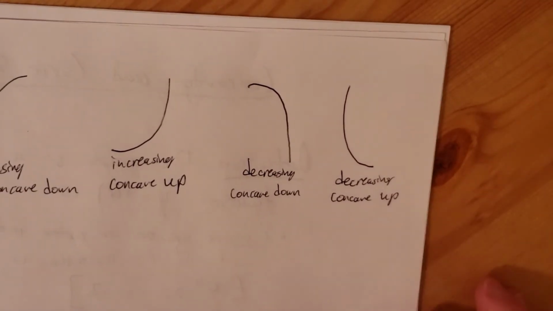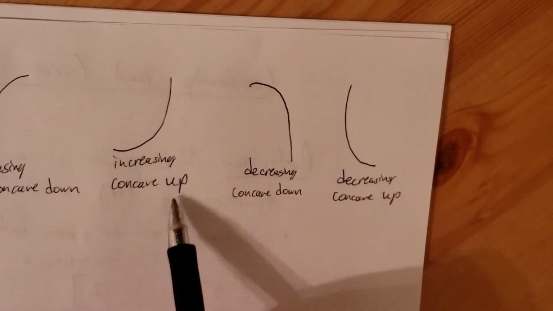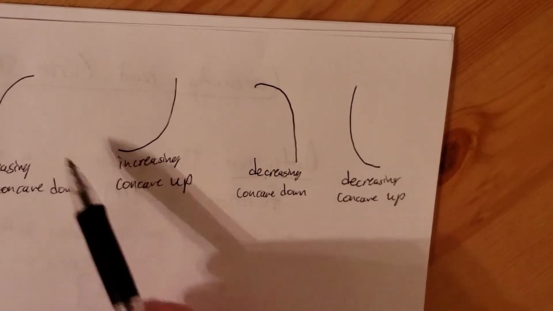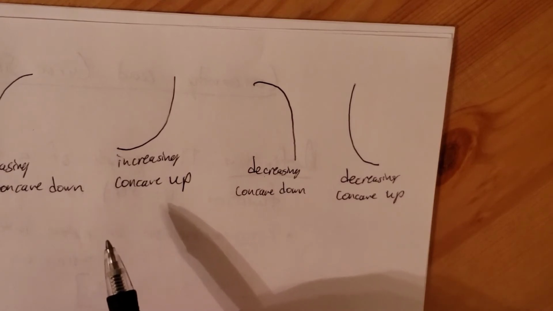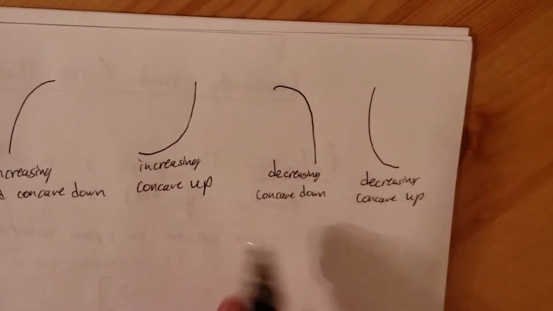And so each of those, any of these pairs of descriptions of the graph on a certain interval, is what they look like.